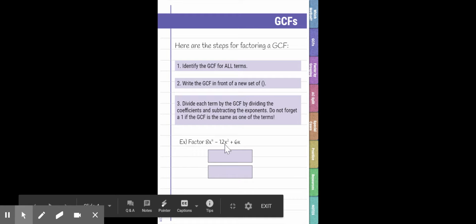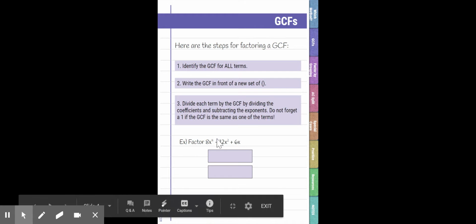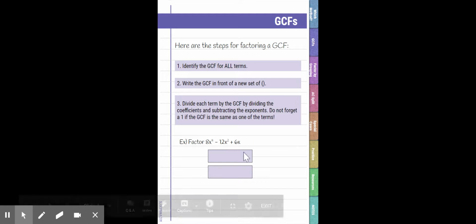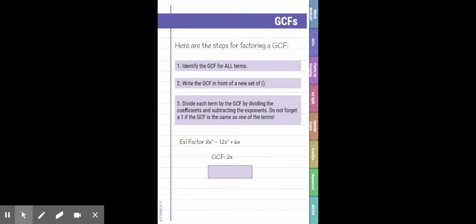Okay, so 2, and then I have to look at the variables. They all have x's in there, but the last term just has 1x, where this has 2 and that one has 4, and that's what those exponents represent. So I have to go with the smallest number of x's when I pull out my GCF. So my GCF is just the 2x.